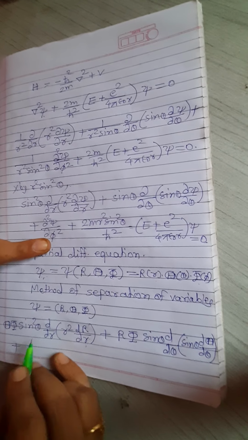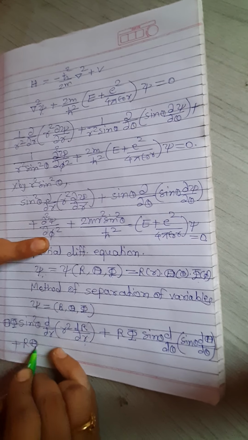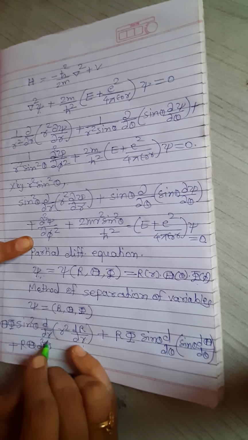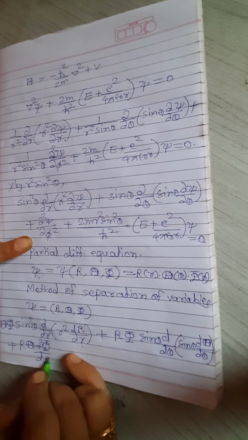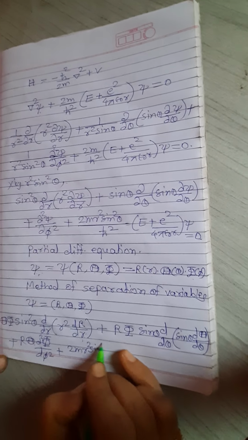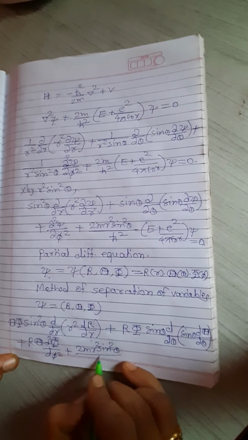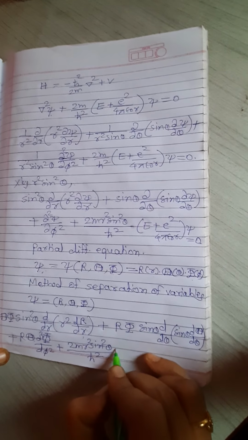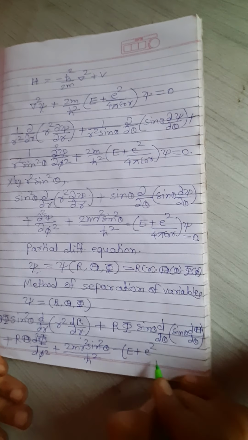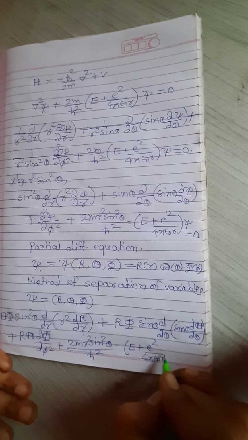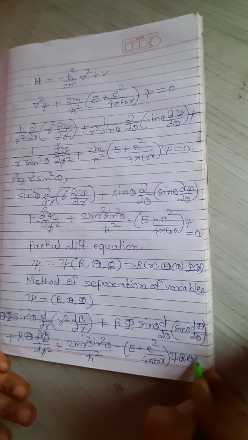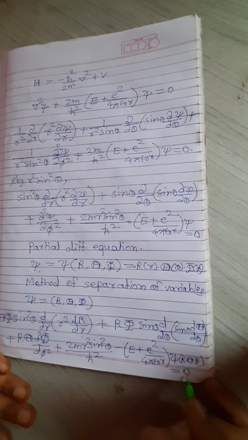There is the differentiation with respect to phi. So your r and theta will be outside and this will become d square Phi upon d phi square, plus now here the term will be as it is. Psi, here this psi is nothing but R Theta Phi, and this will be equal to 0.